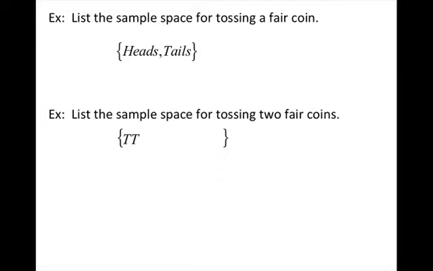So I'm going to write TT. Another possible outcome, the first coin could be tails, the second coin could be heads. So I'm going to write TH. Another outcome, the first coin could be heads and the second coin could be tails. So I'm going to write HT. And then finally, both coins could land on heads, so I'm going to write HH.